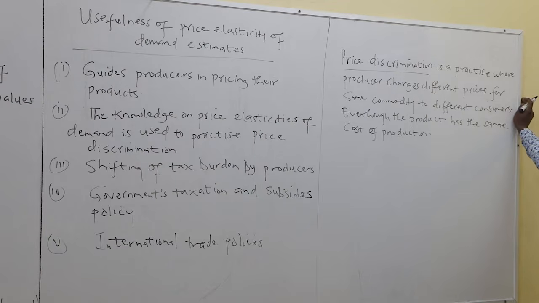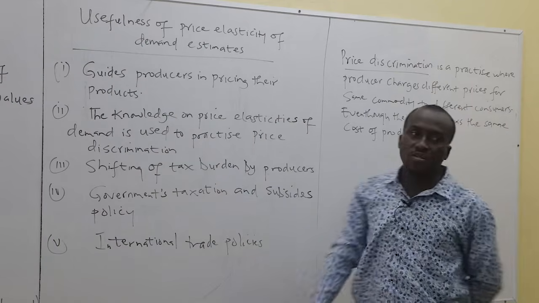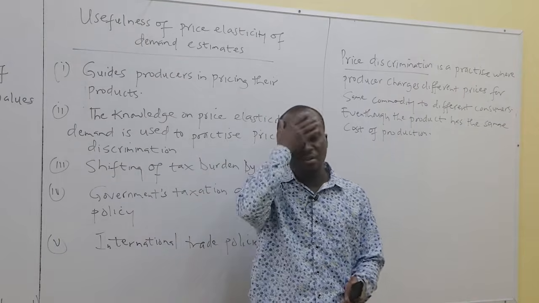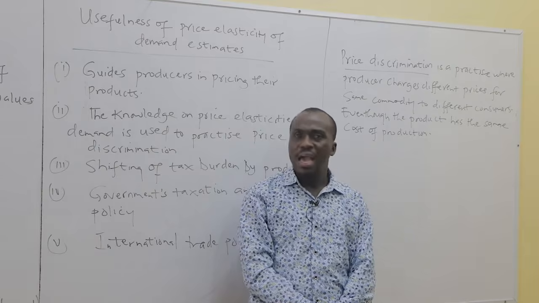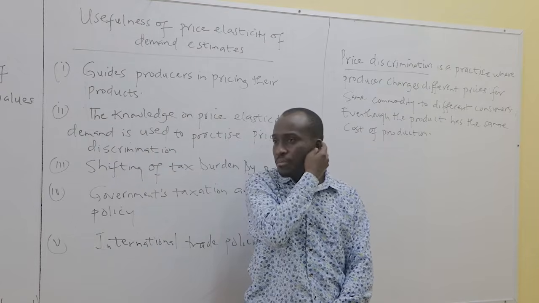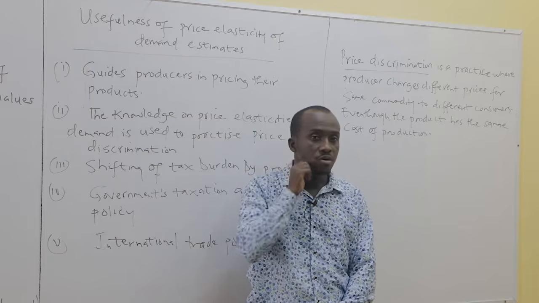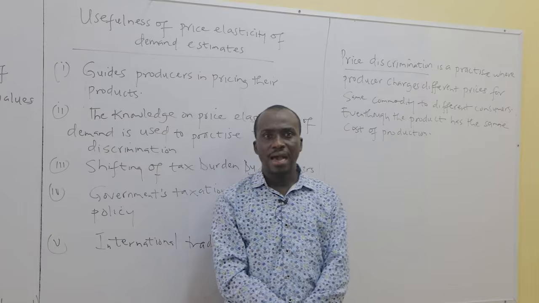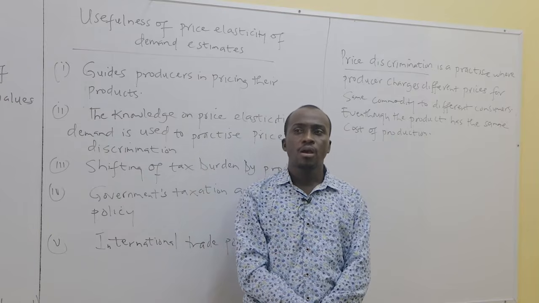What do you see? With price discrimination, the producer charges different prices for different consumers, even though the good is produced at the same cost. For instance, maybe I'm producing cars, right?